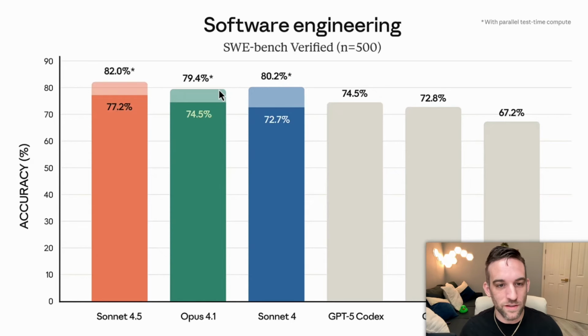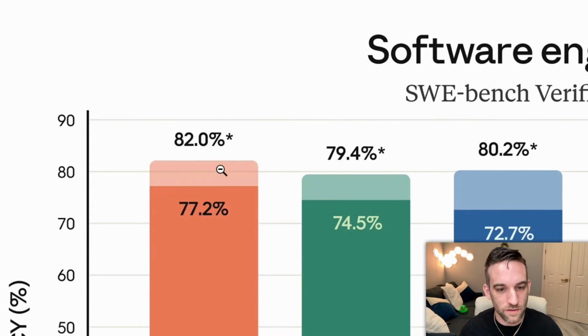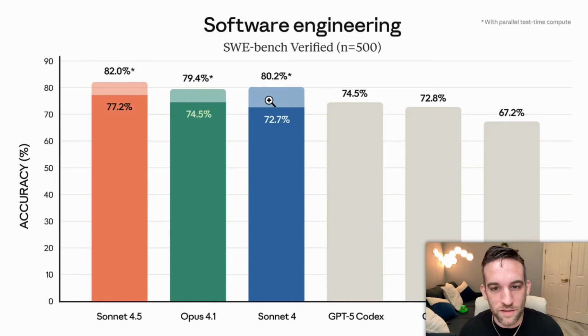And honestly, what is this top portion here? What is that little area? I don't understand. Why is some of that transparent? Because if you took out the transparency, the Opus 4.1 and Sonnet 4 would be the same or worse than GPT-5 Codex. So I don't even know what that means, right? But it's fine.